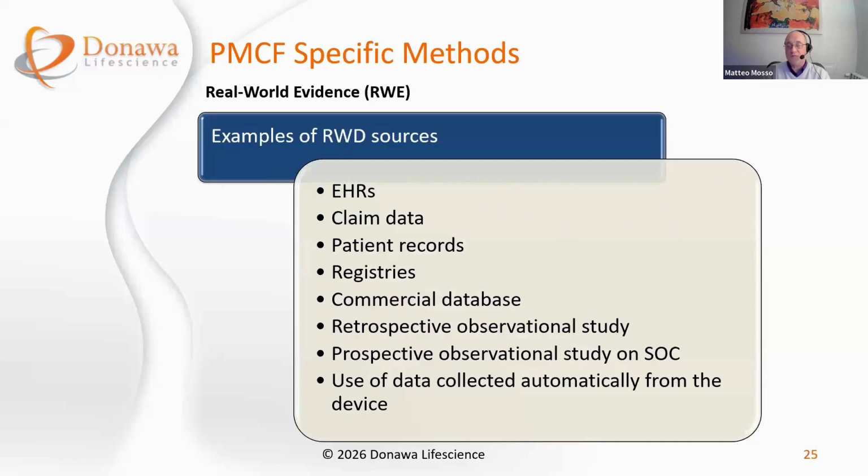And on certain occasions, depending on the device type, you may also have the possibility that the device automatically records and collects parts of the data that you may need. So this is also another option to keep in mind.